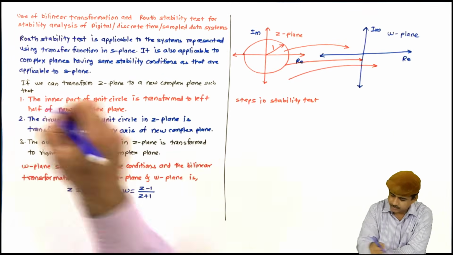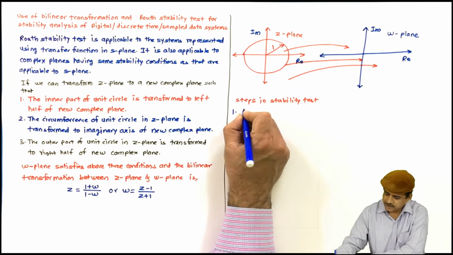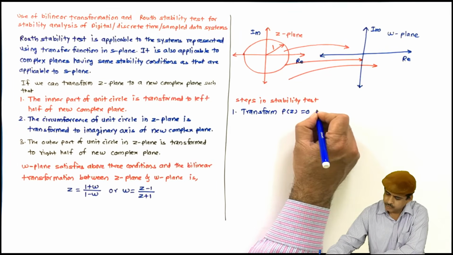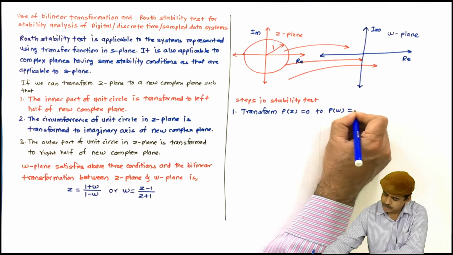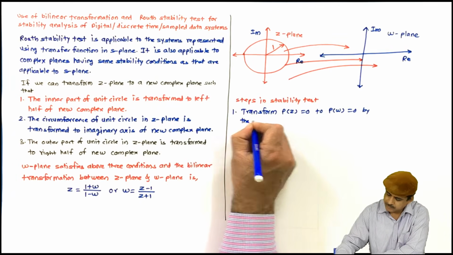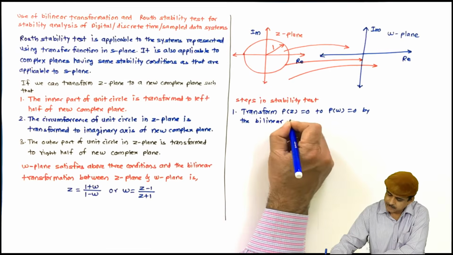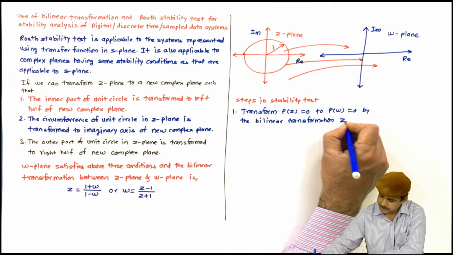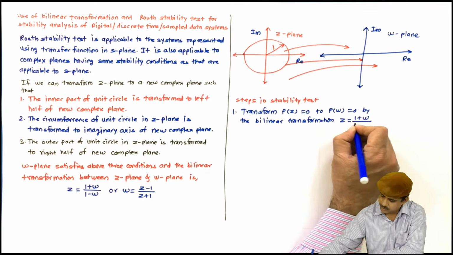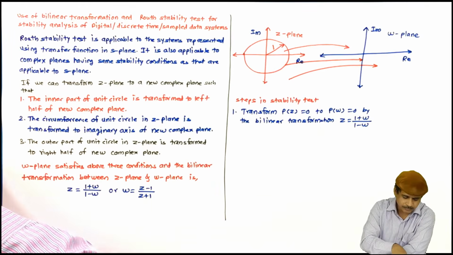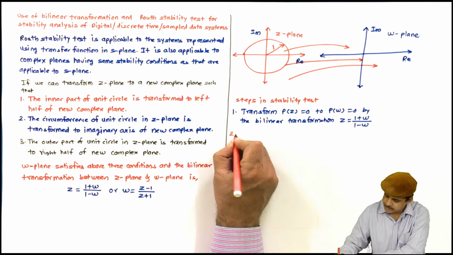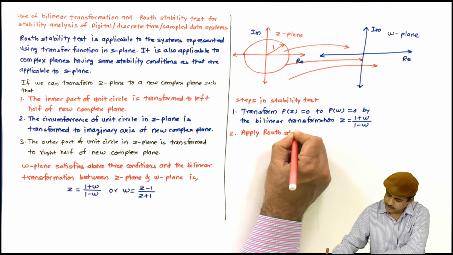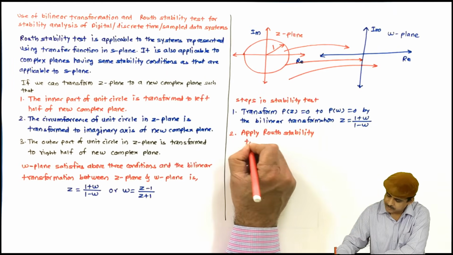The steps are: number 1, transform P of Z equal to 0 to P of W equal to 0 by the bilinear transformation Z is equal to 1 plus W upon 1 minus W. And second is apply Routh stability test.